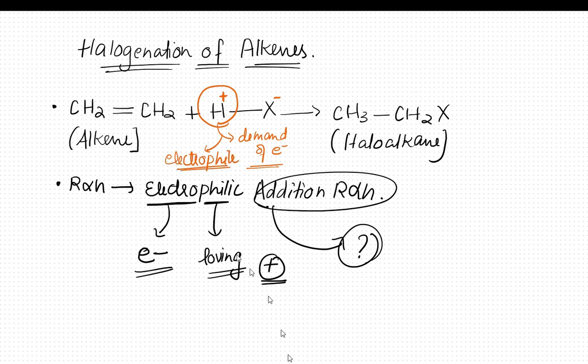Where does this electrophile get its electrons from? It gets them from your alkene, where there are loosely bonded pi electrons. Your electrophile will take those pi electrons and add to the alkene. So this is called an electrophilic addition reaction, where your electrophile is being added to the alkene.